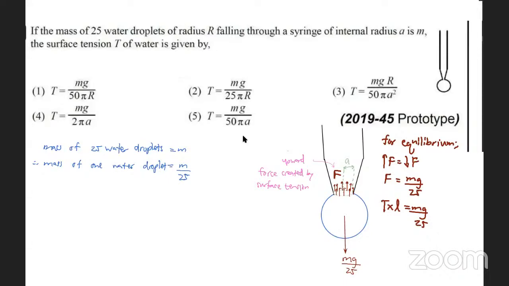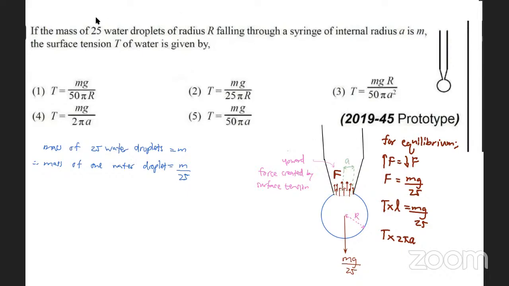That's very important. For length, you will be substituting 2 pi a. Exactly, very good. So T into 2 pi a. Capital R is the radius of the water drop, which has nothing to do with that force. There are answers with capital R as well, so you have to be double careful.